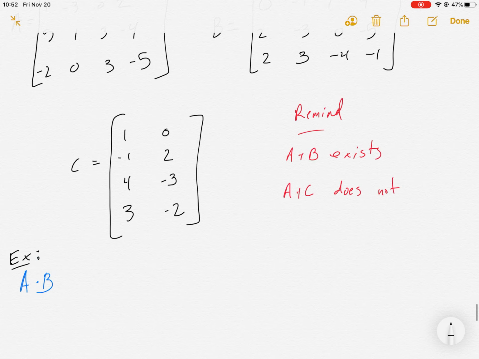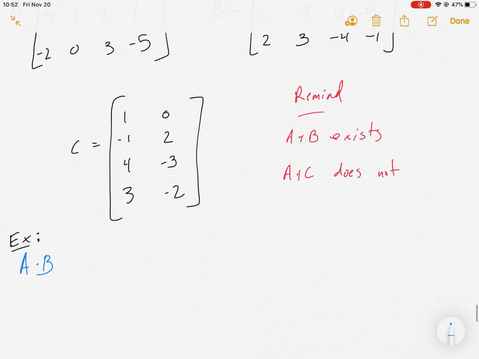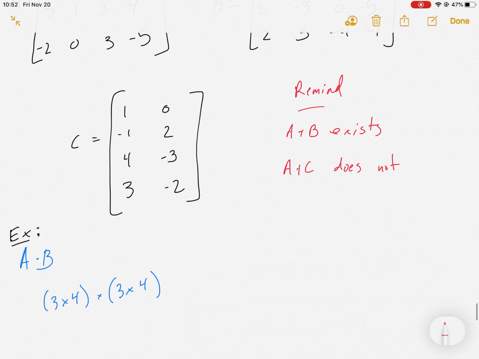We'll try to do A times B. If you try to do A times B, A is a 3 by 4, as is B. And because these are not equal, 4 and 3 are not equal, we can't actually do that.